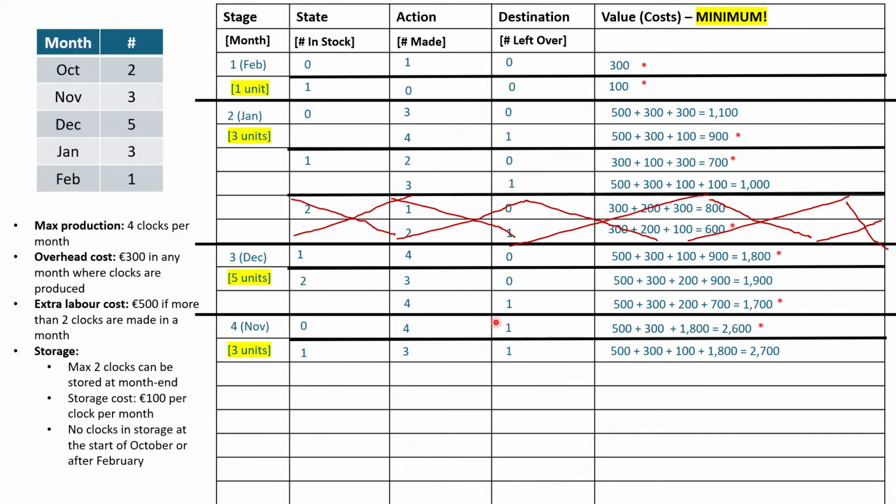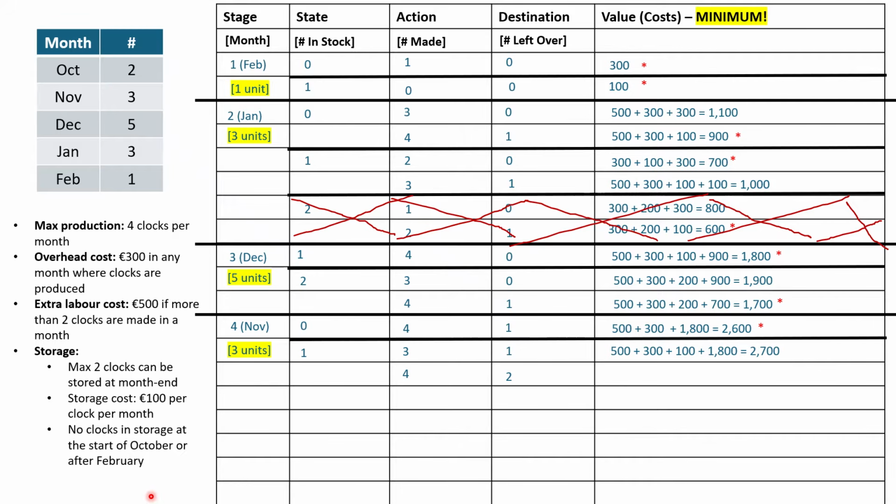Then we need to think about, well, if we've 1 left over, that means it will cost us 1800. So 1 at the end of November means starting December with 1, 1800 total. So we get 500, which is our extra labor, 300, which is our overhead, and 1800 from the previous month. So that's our only option because we can't make more than 4 and we have to have 1 left over.